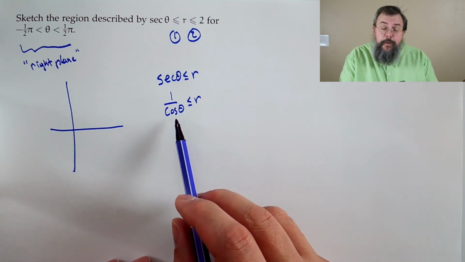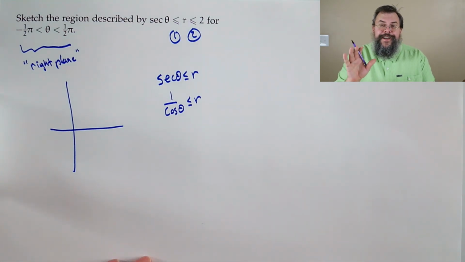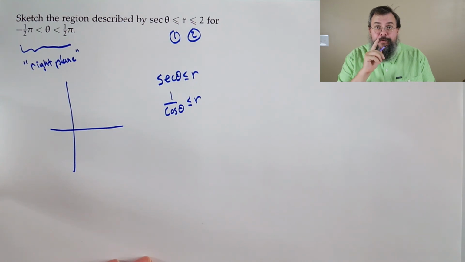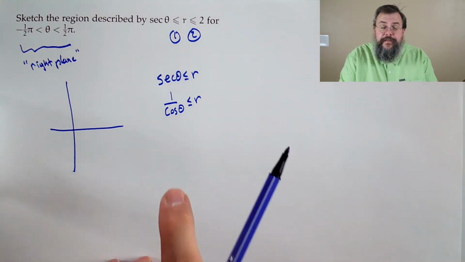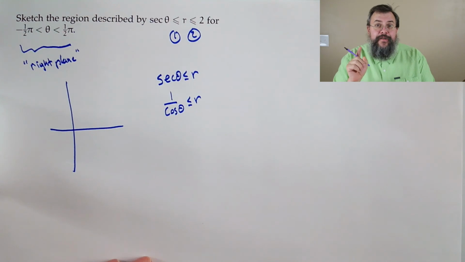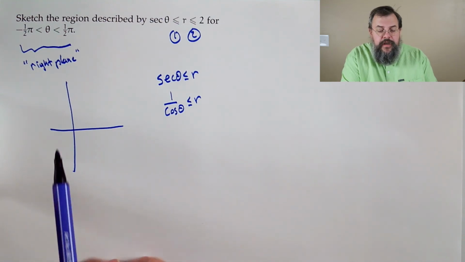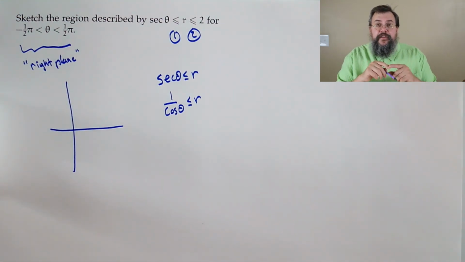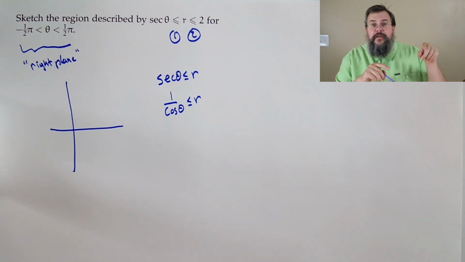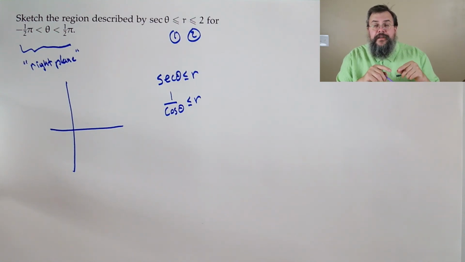Now you might say, well, wait. I have to be careful when I multiply and there's an inequality because I have to pay attention to the sign. If cosine theta were negative, I'd be in trouble. But now I say, no. Cosine theta is definitely not negative. How do I know that? Because I have a restriction on theta. From negative pi halves to positive pi halves, we're over here in the right half of the plane.